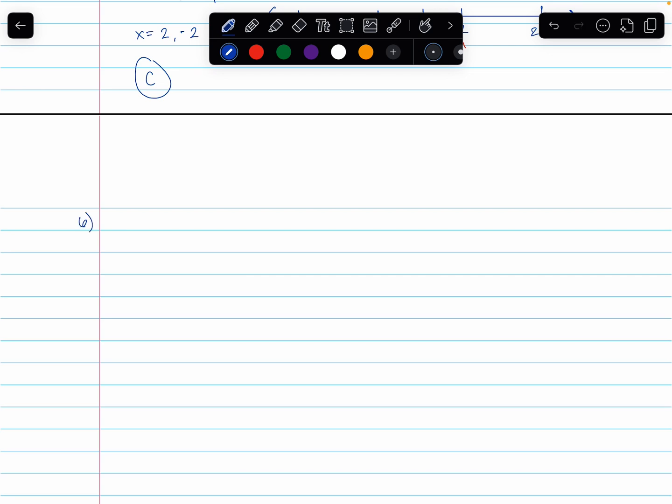So let f be the function given there. We have f of x is equal to x squared plus 1 over x plus 1, and we have a domain of 0 to infinity.